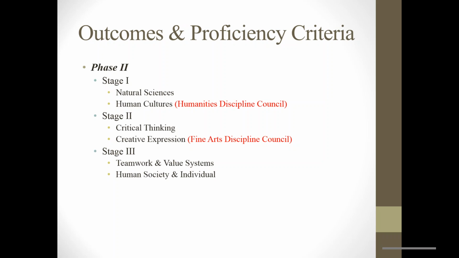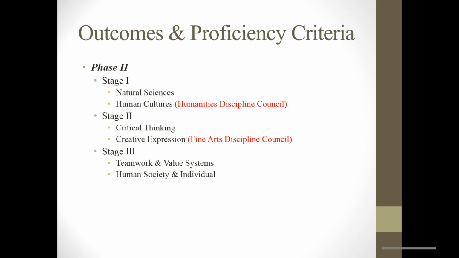I did the same thing for creative expression. My Fine Arts Discipline Council really did the majority of the work associated with helping us move forward. For those other ones, it required the formation of a collection of faculty across institutions.